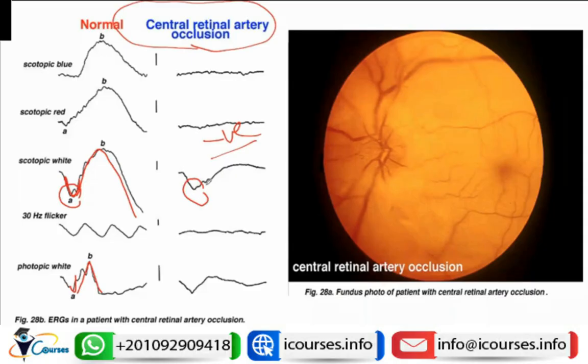This occurs in disturbance of circulation like giant cell arteritis, central retinal artery occlusion, atherosclerosis and other vascular diseases. This will cause reversal of the pattern and also loss of response due to death of the photoreceptors or death of the retinal layers. So there is no response of the bipolar cells or the others.